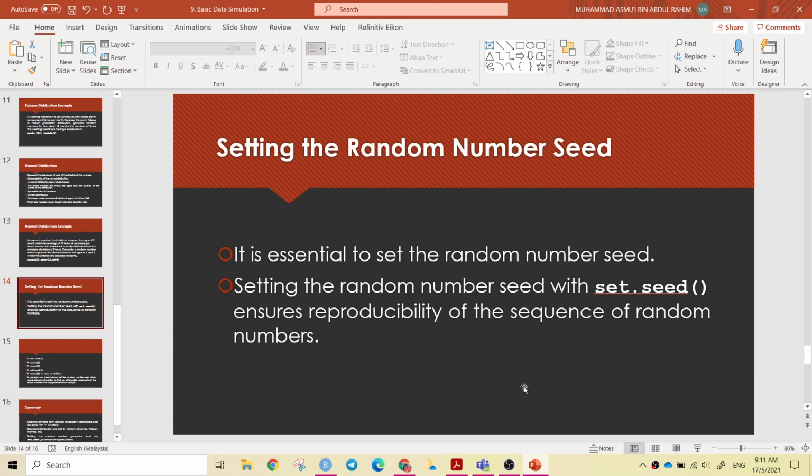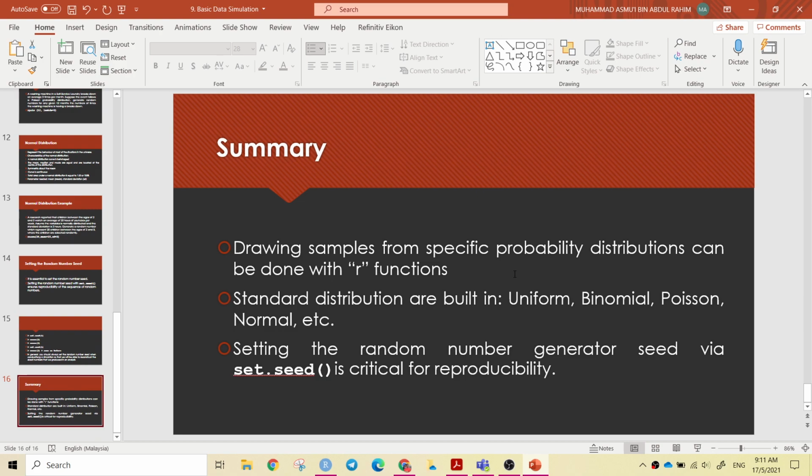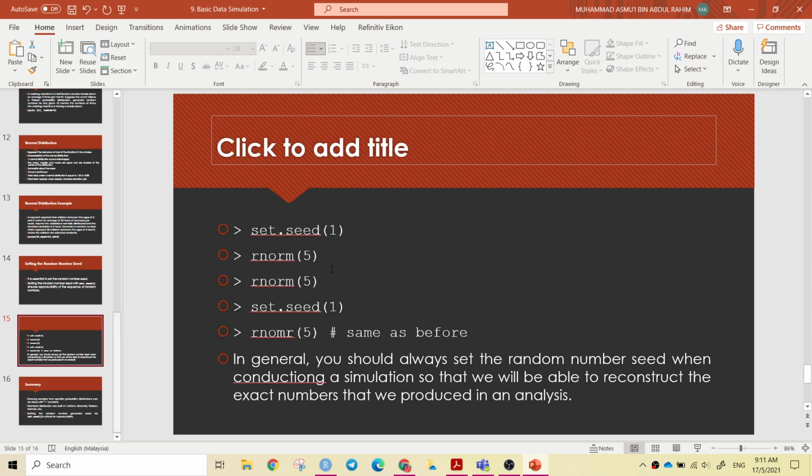It's actually essential for you to set this random number seed so that you can get reproducibility of your sequence of random numbers. You can take a look at my example in this slide.